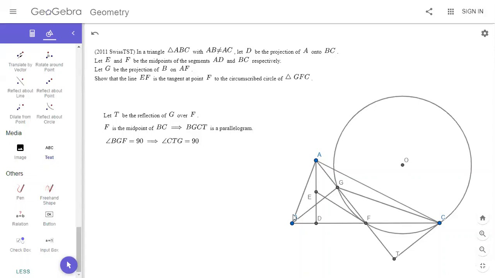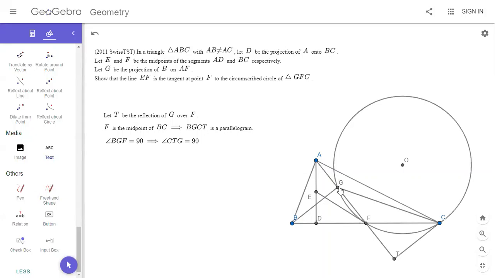Okay, actually now I'm wondering a little bit here. So, is it obvious? So yeah, we have an equal pair of angles.